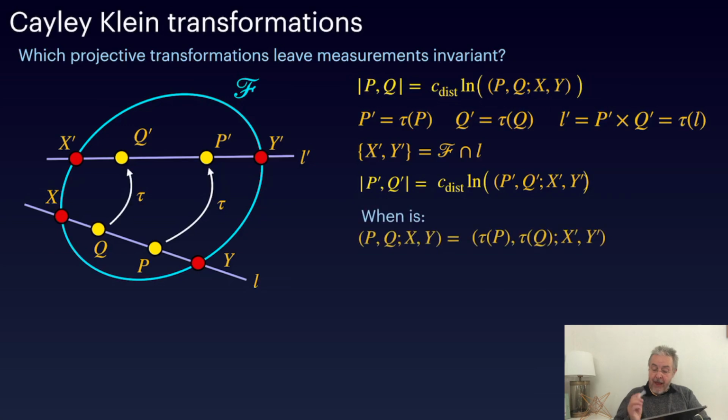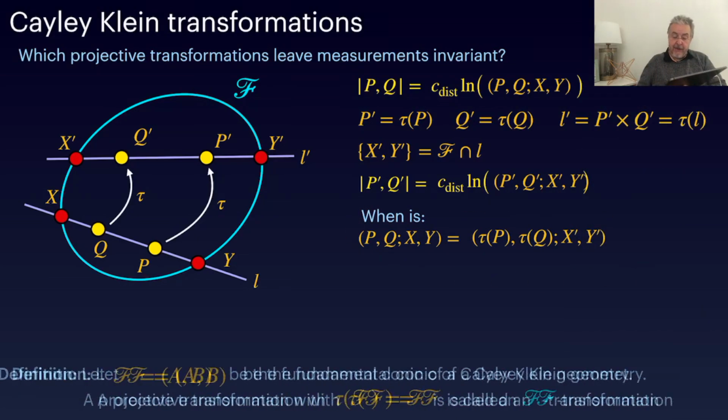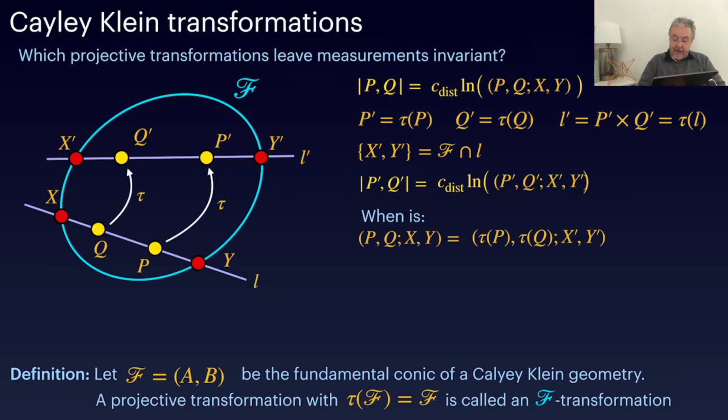Okay, now we ask the following question. When do we have the case that before and after the transformation we have the same distance measurement? I ask that not for a specific pair of points, I ask that for all pairs of points. So what is a property of a transformation that it must have to preserve distances? And here comes the important concept that governs the idea of Cayley Klein transformation. It's the following.